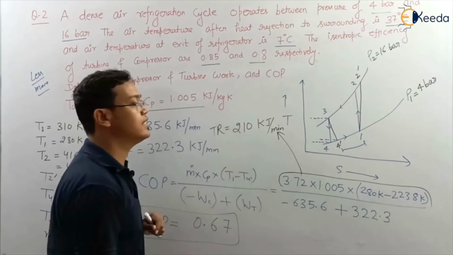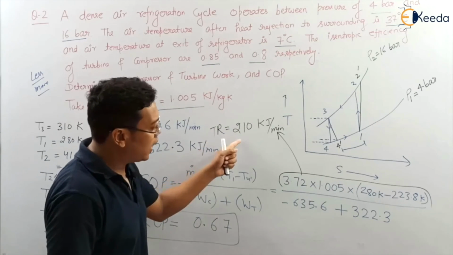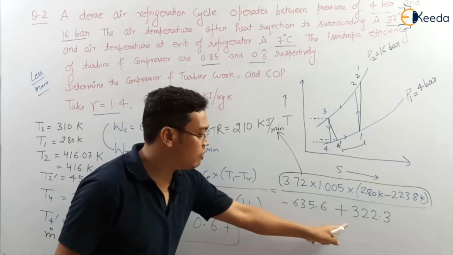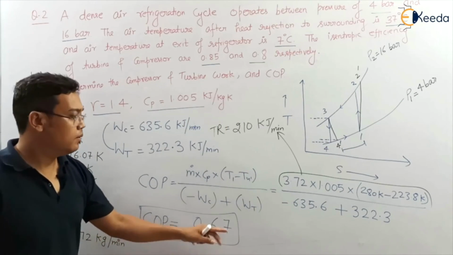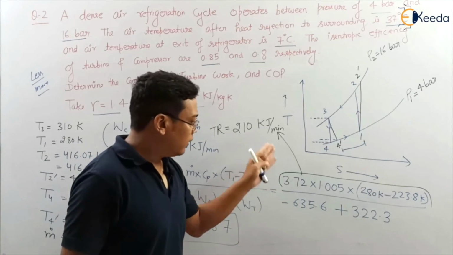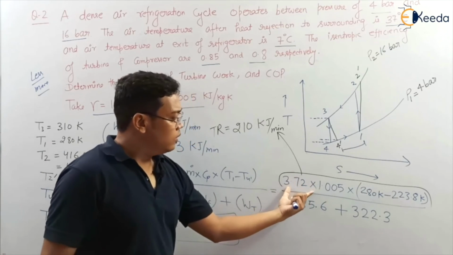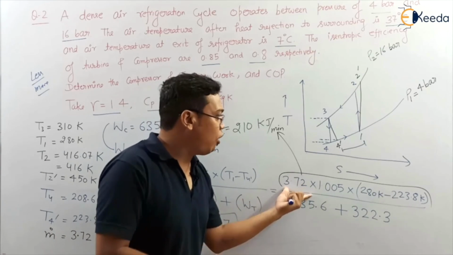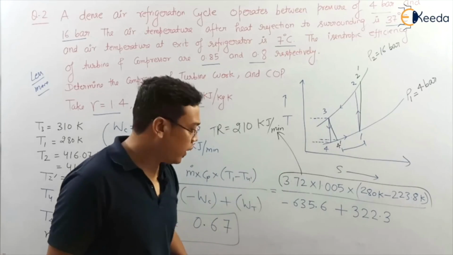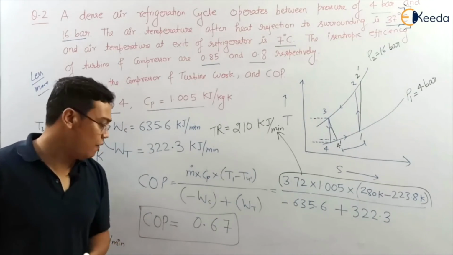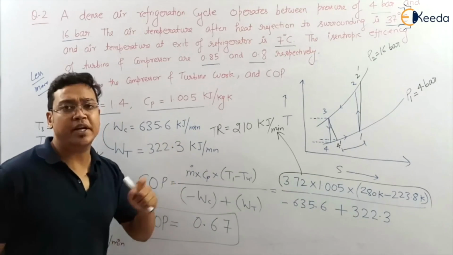You can put 210 divided by the net work and you will get the same value here. Or you can stick to the basic formula, mass into Cp into delta T. So this is the COP of the reverse Brayton cycle.